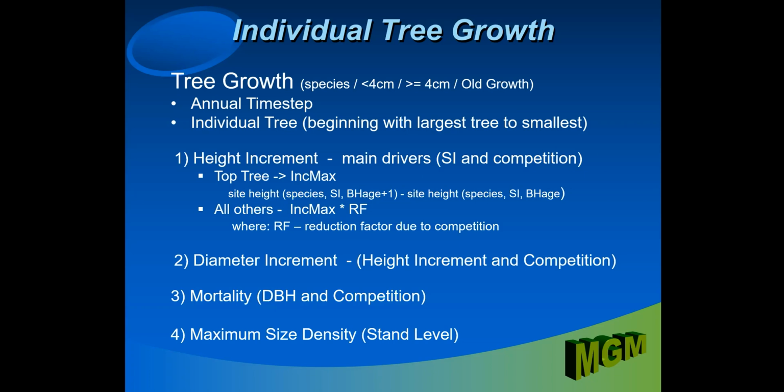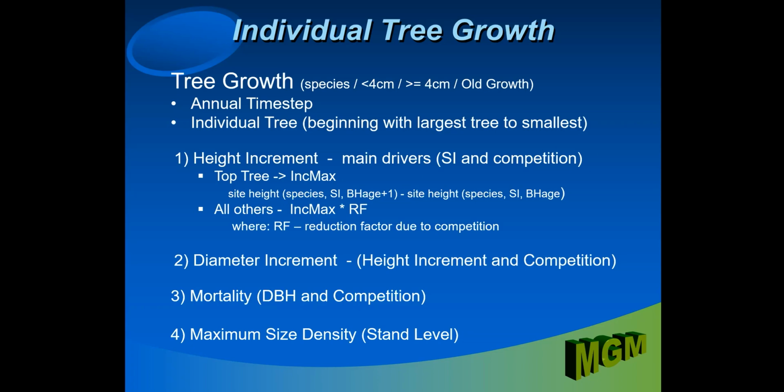It first does height increment, and so it is driven by site index, which is the true top height site index, and by competition. The top tree, which is the first tree in the list, grows at increment max, or its potential, which is basically right on the site index curve.